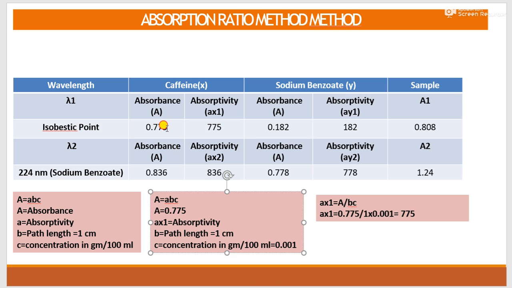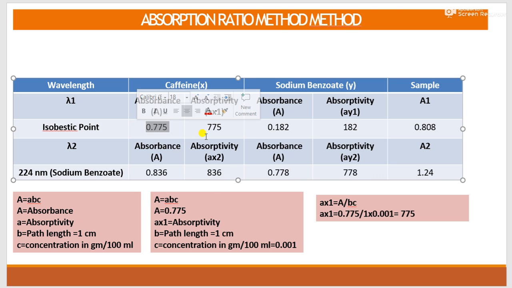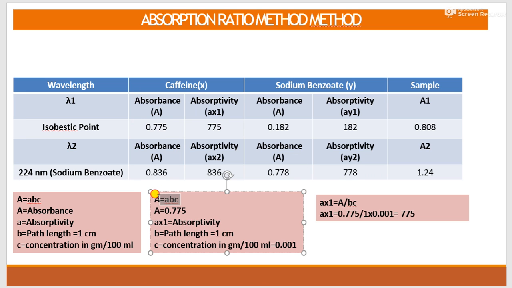So for this 0.775, we will see how the absorptivity is calculated for this reading. So as per this equation, A is equal to abc, what will be the value of small a? Small a will be A by bc.